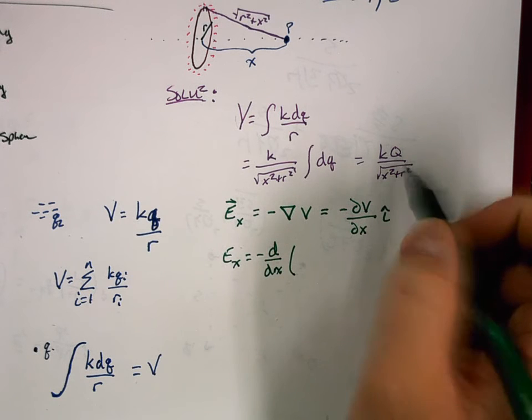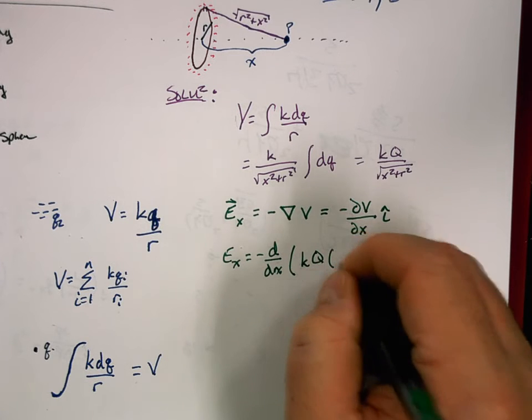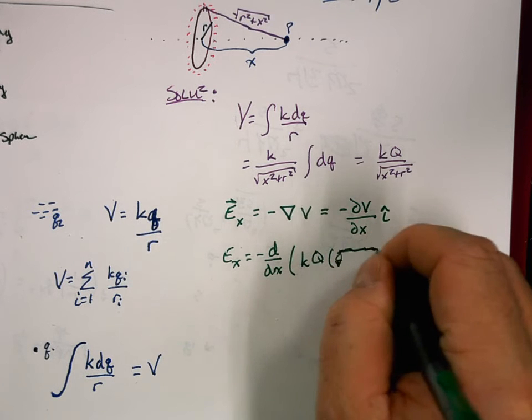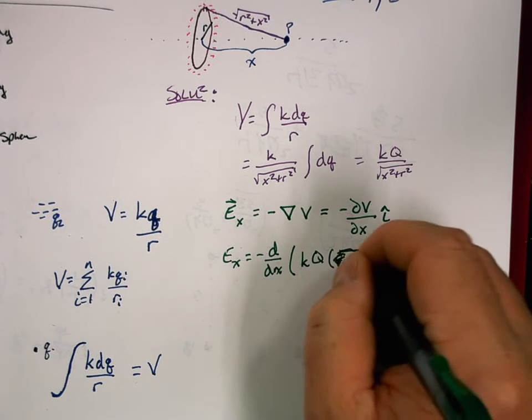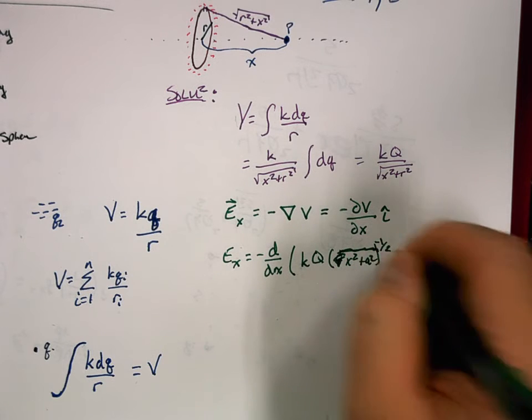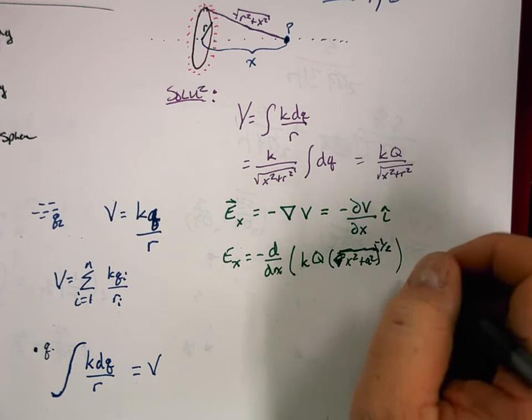So this is kq times, I don't want the square root there, sorry. No square root. x squared plus a squared to the negative 1/2, and I just want to write it like that because I don't want to bother with the quotient rule.